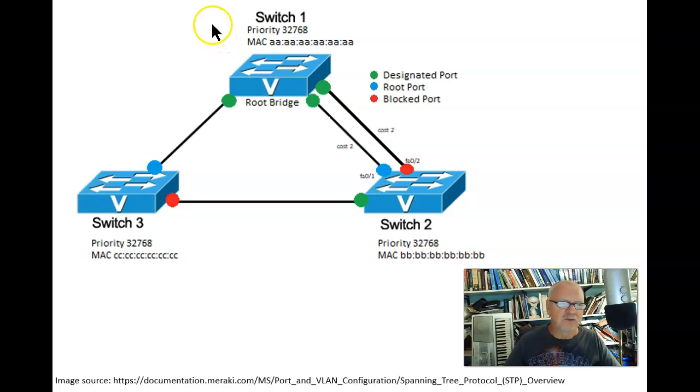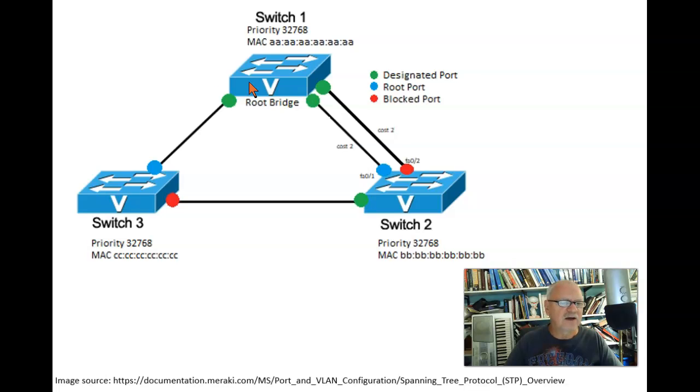And then after that, it sends that frame out through every other port except the one on which it came in. So let's say that switch 1 has just received such a frame, and so it doesn't know where the device is that it wants to talk to.